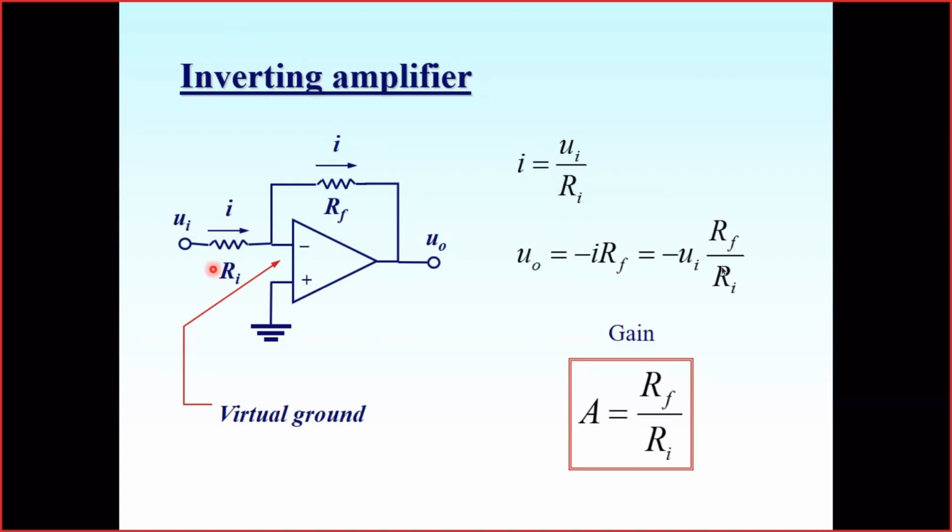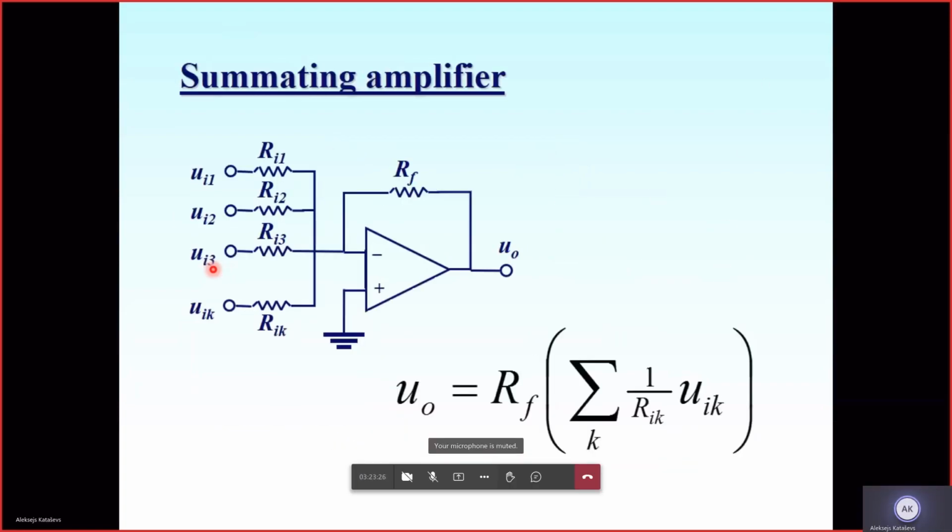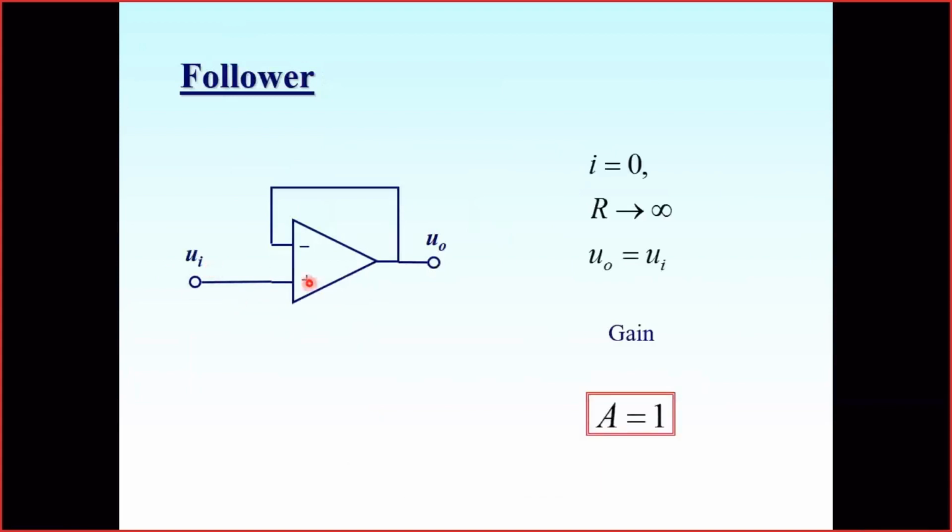And the follower, we know, following the second rule, the current which flows inside the follower through the non-inverting input will be extremely low, because we have nearly infinite input resistance for the amplifier itself.